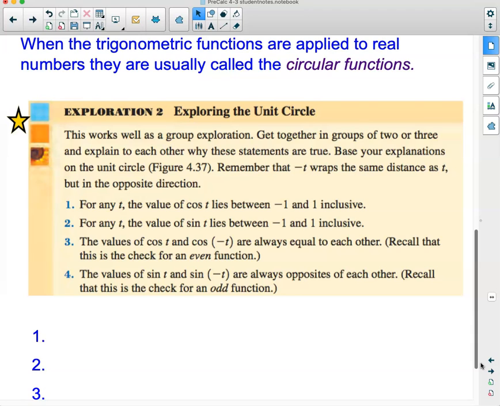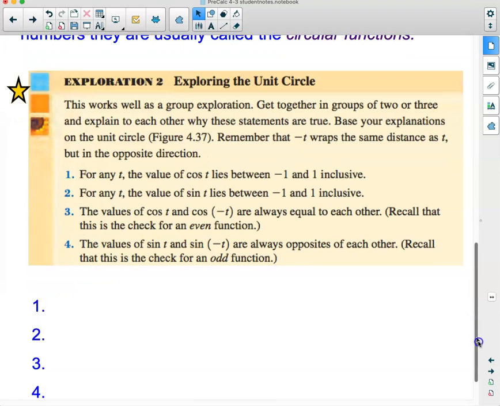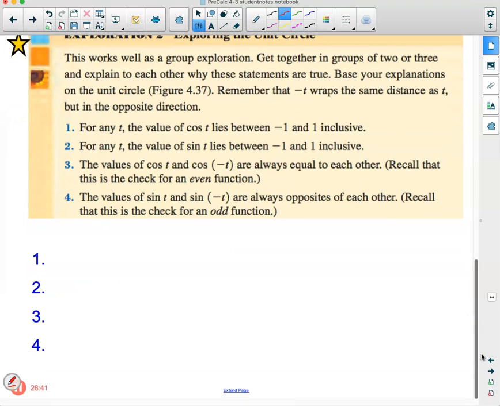So number 1 says, for any t, the value of cosine of t lies between -1 and 1 inclusive. Well, that's because r is 1. And we already talked about how cosine has to be a number between 0 and 1.